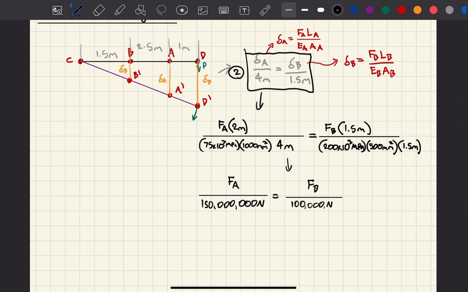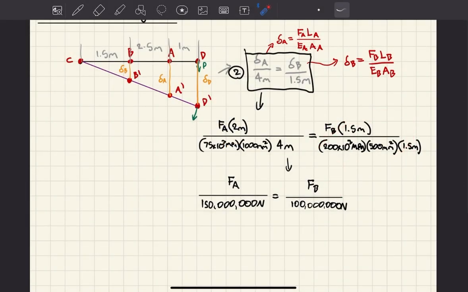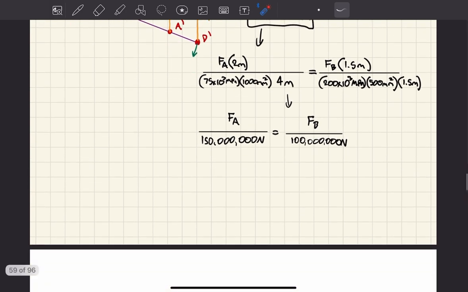So basically this equation simplifies to this one, and this equation simplifies to this one once you calculate all your values. You can further simplify this equation to get your final equation from your deformation analysis, the equation you're going to use, and that is namely that FA is equal to 1.5 times FB.